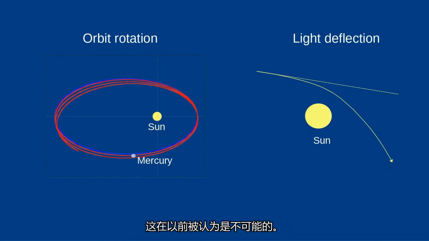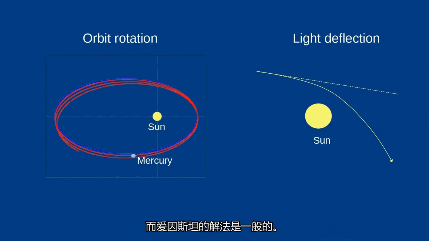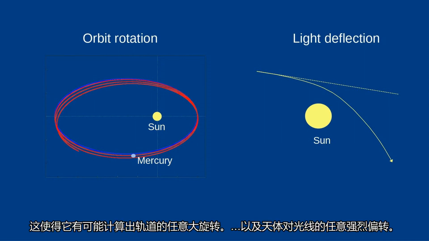This was previously considered impossible. Also, Einstein's solutions are only approximations for small deviations from classical mechanics, while the ECE solution is general. This makes it possible to calculate arbitrarily large rotations of orbital ellipses, as well as arbitrarily strong deflections of light by celestial bodies.